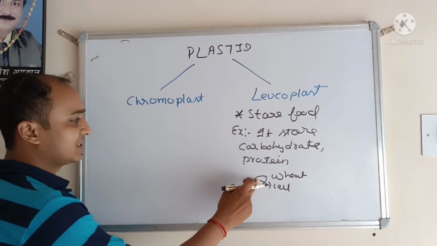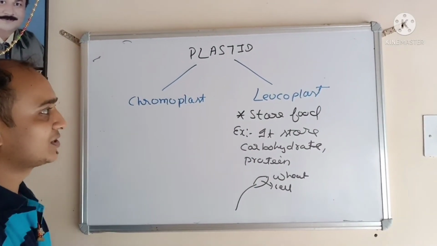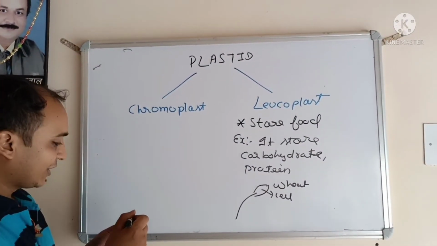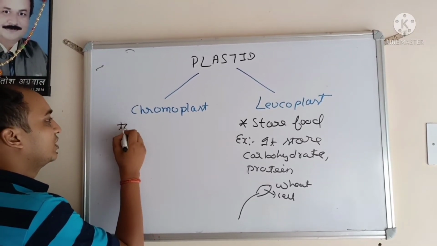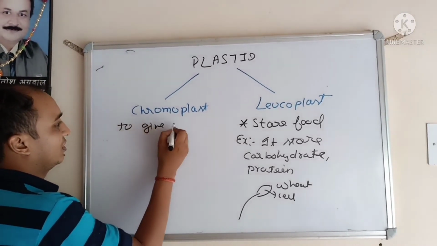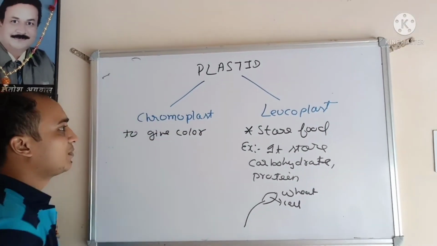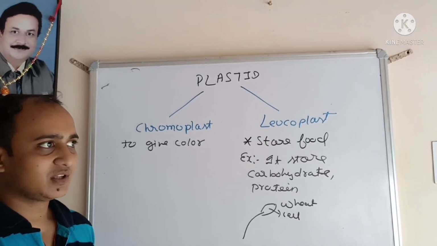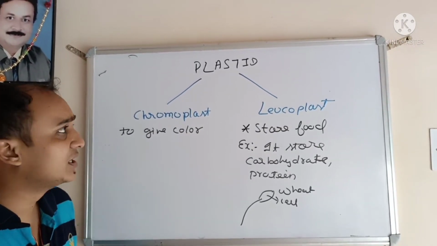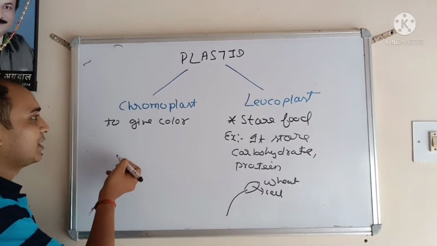So this cell will contain leucoplast. Leucoplast's role is to store food, while chromoplast's role is to give color. We see various colors, the tomato being red, the leaf being green. So the chromoplast's role is to give color.